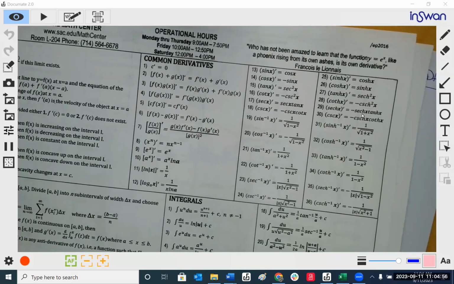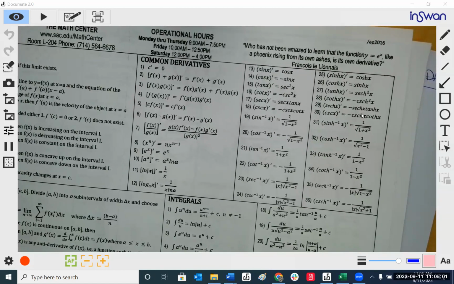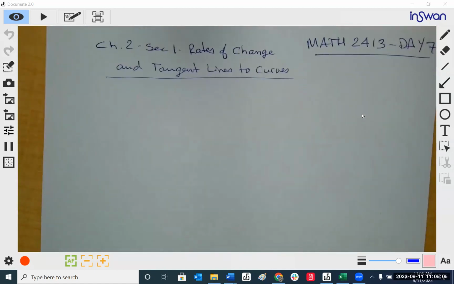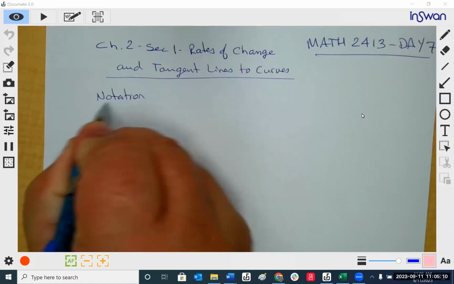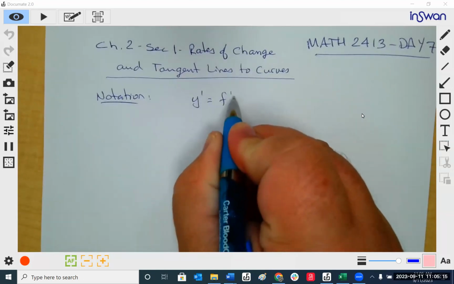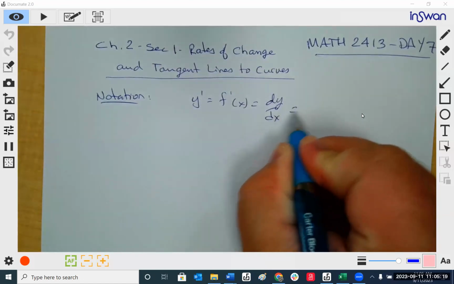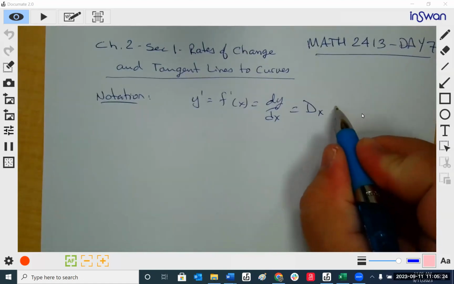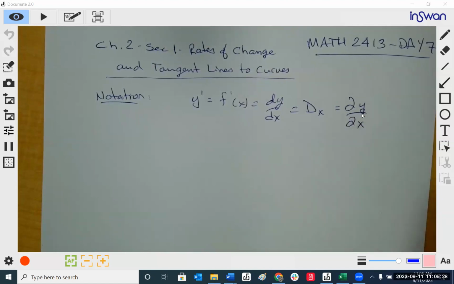For the notation, you can use the prime notation or the dy dx. Actually, I'm glad you said that, because in calculus 1, you should have learned y prime or f prime, dy dx, dx, partial.